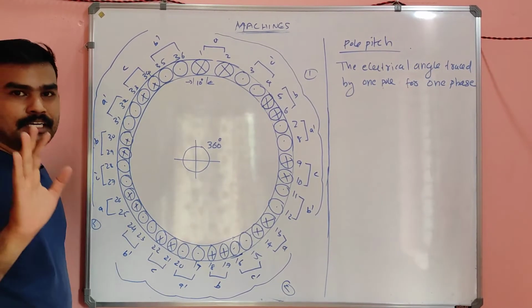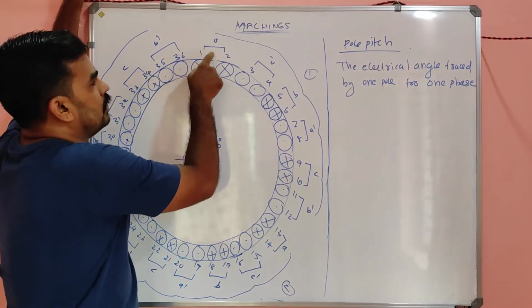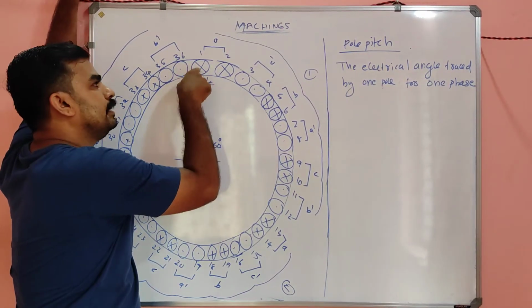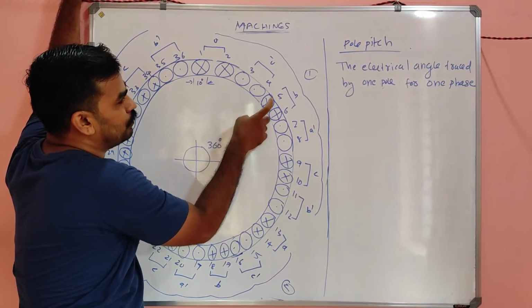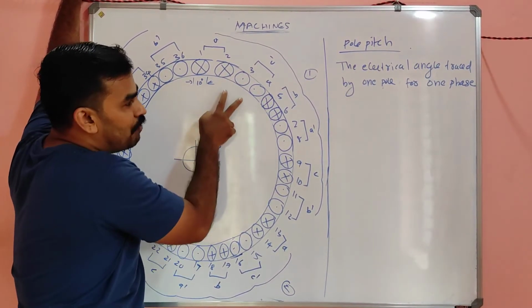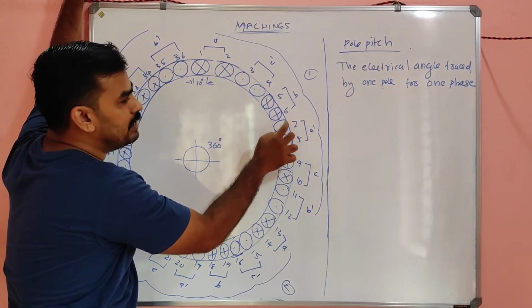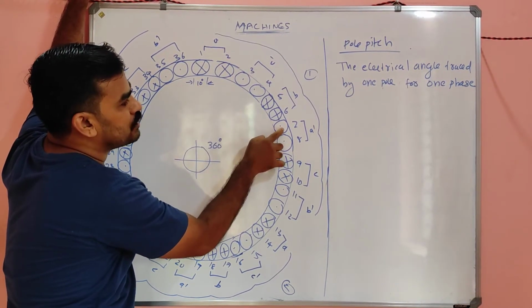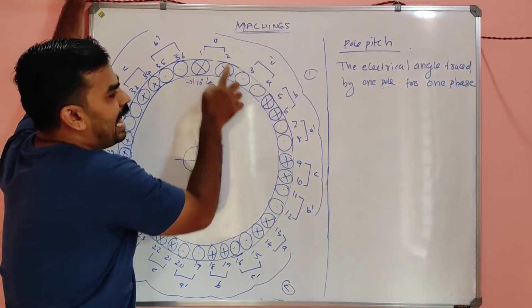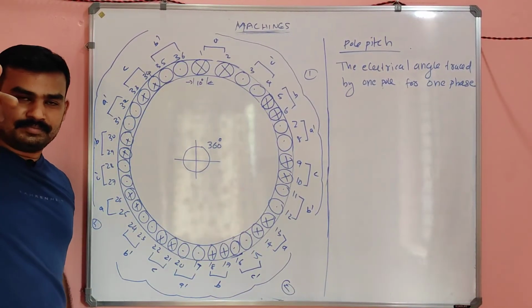Listen, I will tell you in physical meaning what it is. See, my dear, phase A wound we insert in coil number 1. So after 10, 20, 30, 40, 60, after 60 degree the A dash will be there. So A and A dash will constitute a single pole.